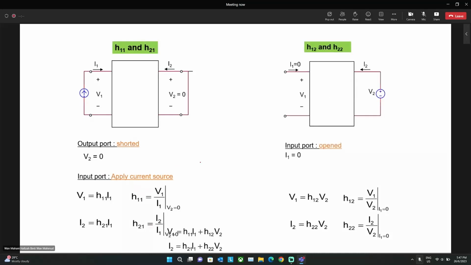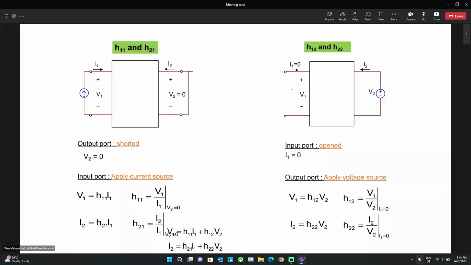Untuk H12 dan H22 kita nak dapatkan sebutan dua ni V1 over V2 and I2 over V2. Okay, what we have to do is kita kena open circuit dekat input port sebab kita nak I1 ni kosong.